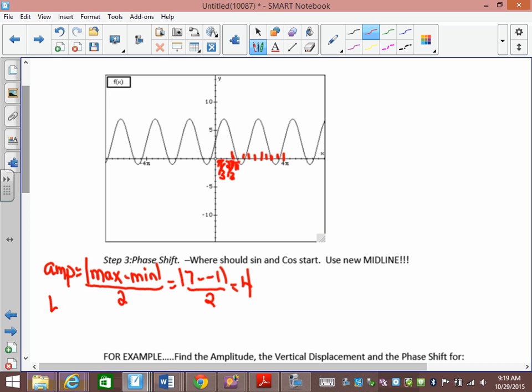Okay, we need b. b equals 2 pi divided by p. So I need the period of my graph. So we could go from max to max. We could go from min to min. We could go from here, past max, past min, back to here again. I'm just going to erase these off so I can see them.